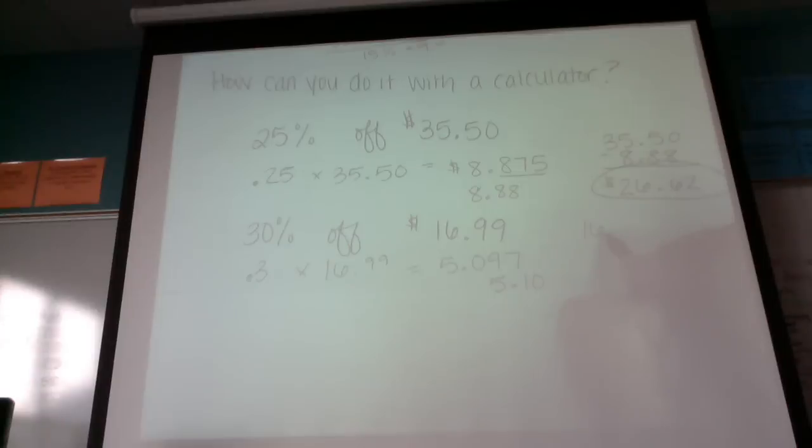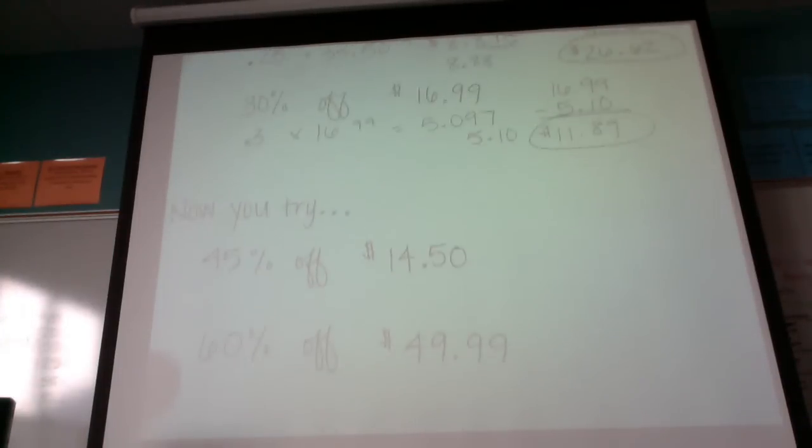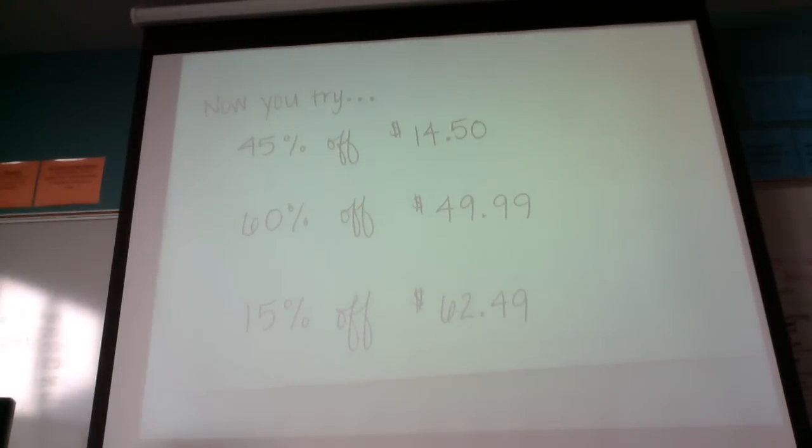So I'll take $16.99 minus $5.10. $11.89 is the new price of that item. Okay, so you can solve these any way. If you want to solve them mentally, if you want to solve them by using a calculator, whatever way makes the most sense to you. So I have 3 here that I would like you to try. Go ahead and pause the video. You can solve these any way you would like. Then push play and we'll go back and solve them.